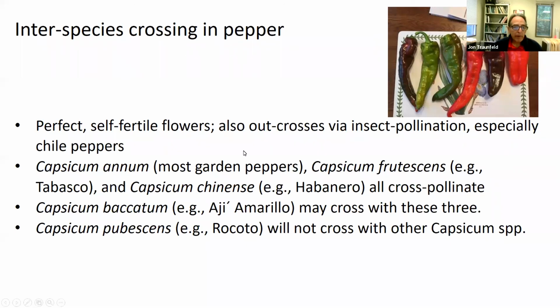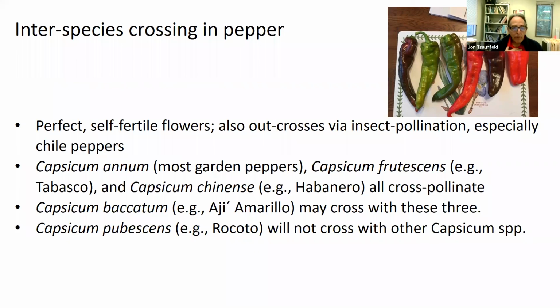With peppers, the other thing that's interesting is it's the only vegetable family or genus I'm aware of, the capsicum genus, where you have interspecies crossing. With all of our other crops, crossing can occur between cultivars within a species. So that would be intraspecies crossing, but not between species.